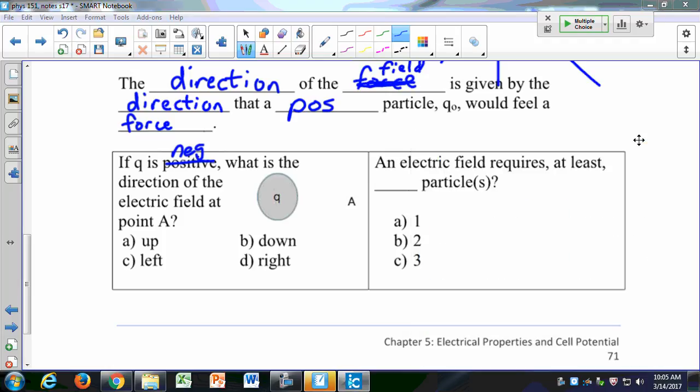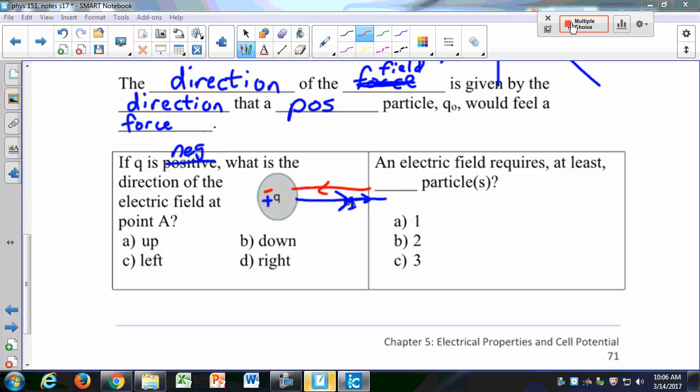So if Q is positive, if I put a positive particle out here at point A, imagine like a test particle, it would feel a force in that direction. So the electric field is also in that direction. However, if Q is negative, the electric field would be in the opposite direction. Because if I imagine putting a positive test particle out here, then it would feel an attractive force. And so the electric field will be towards that particle.